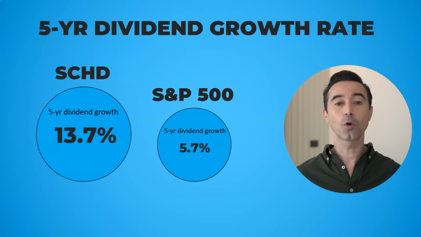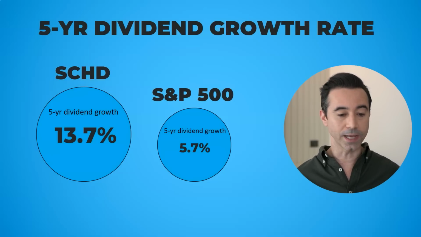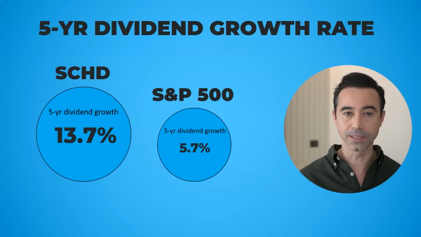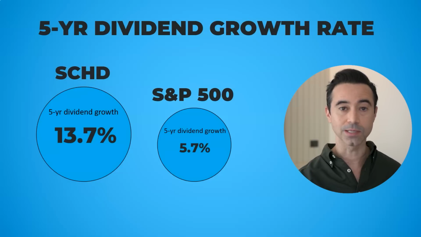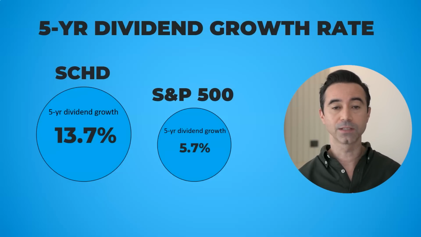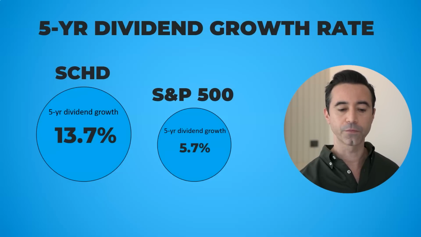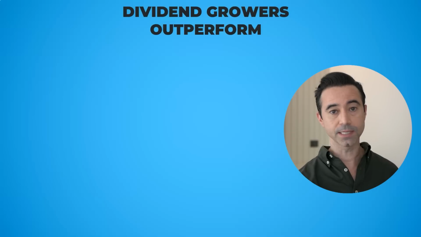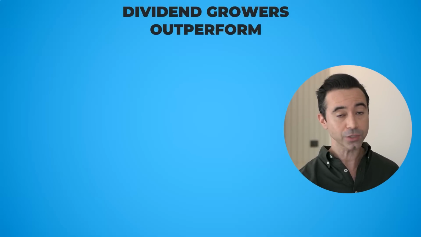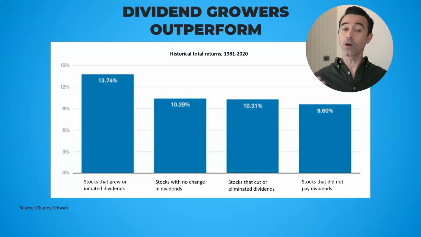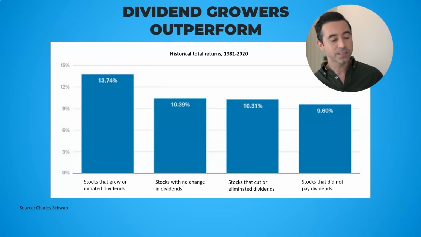Again, that's part of the weighting, right? So what it does is it weights higher dividend growth companies, and that's one of the factors it uses. So of course, there should be higher dividend growth paying companies inside this portfolio. And what's interesting here is that dividend growers actually outperform. So here we're looking at a chart from Charles Schwab and its historical returns from 1981 to 2020.